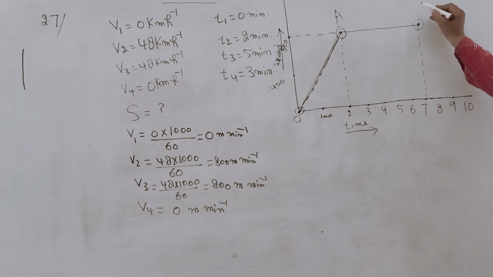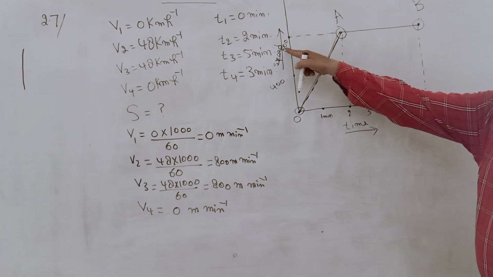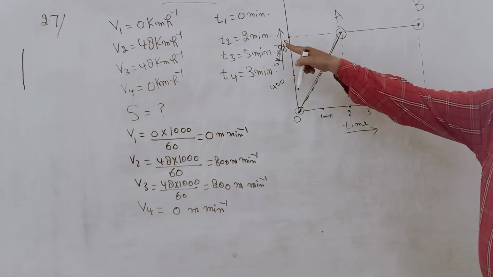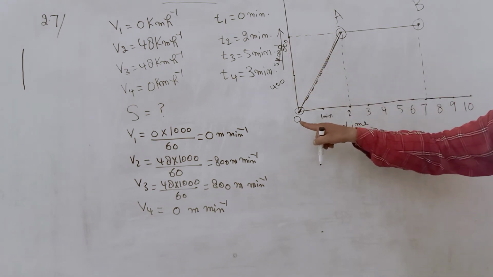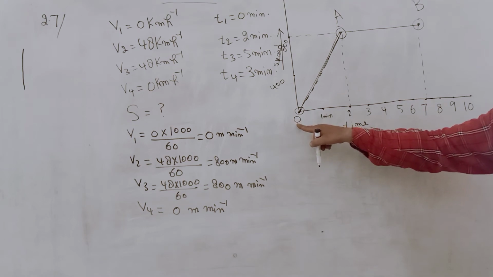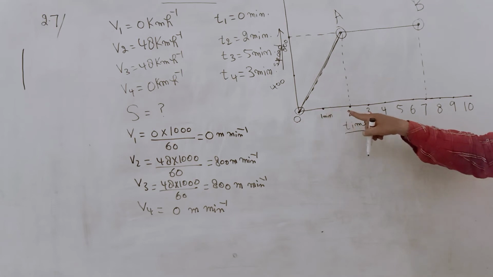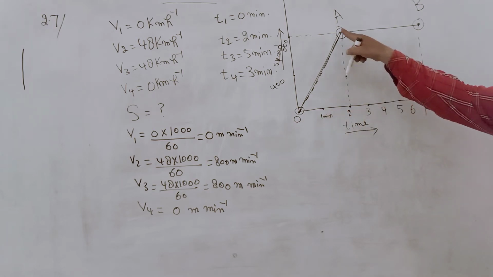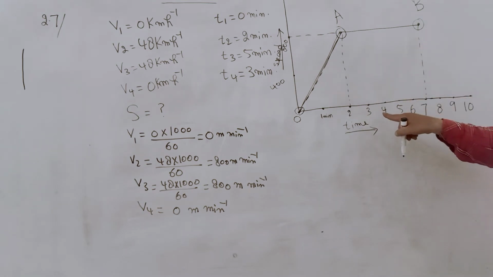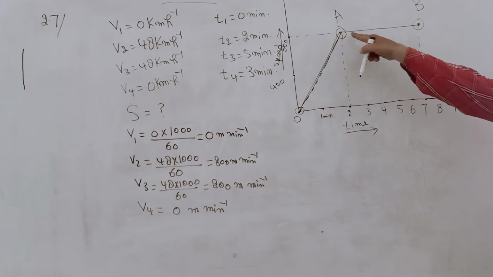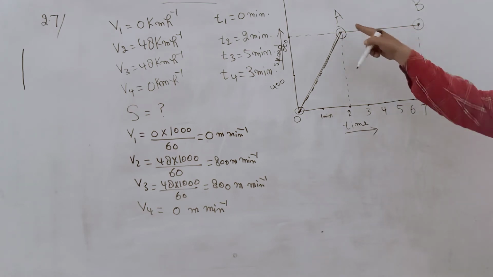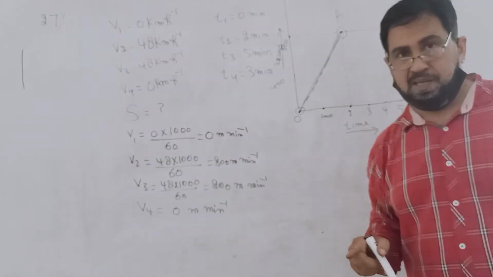Name this point as B. When time is 0, speed is also 0. When time is 2 minutes, speed is 800. Next 5 minutes, speed remains 800 meter per minute.